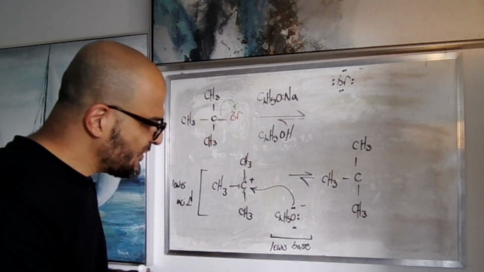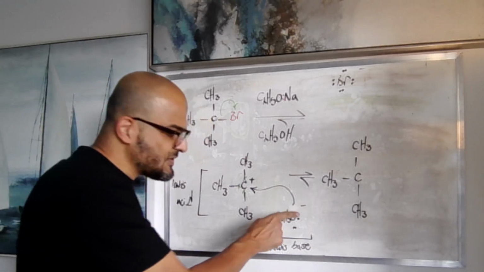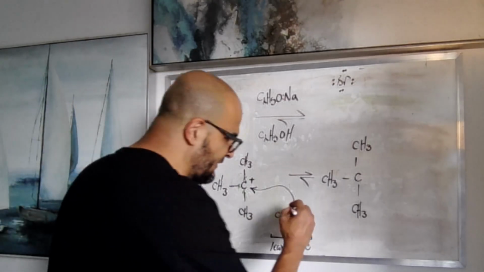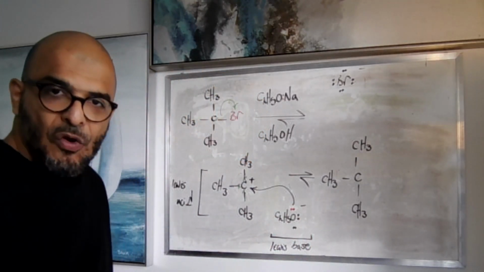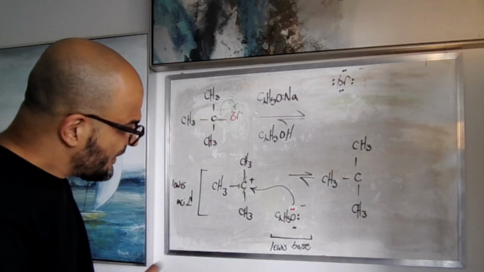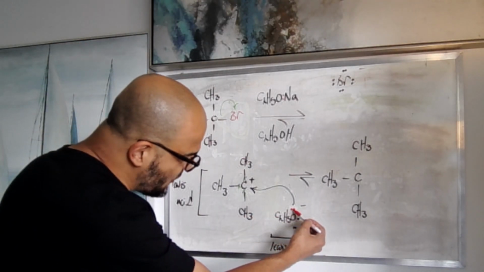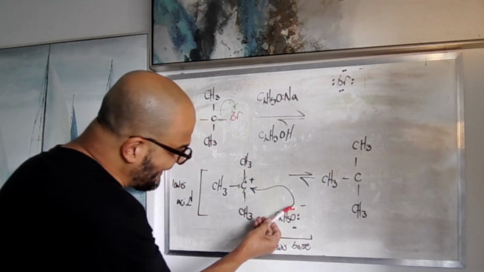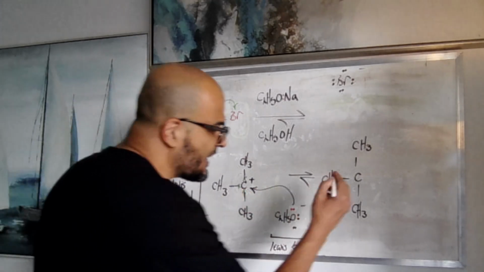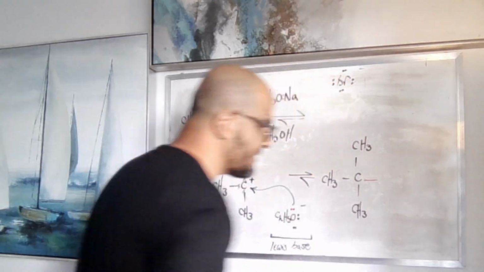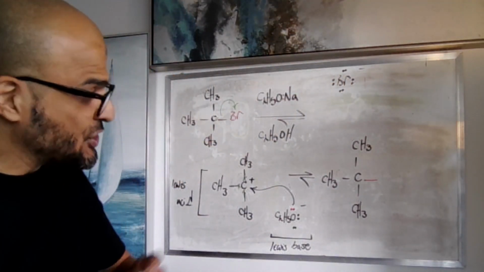Now, look at this one. I'm just going to erase this to highlight it with different colors. I'm going to show this one in red, which means that the lone pair which I had over there, when it is attacking the carbocation, shows itself as a shared electron.